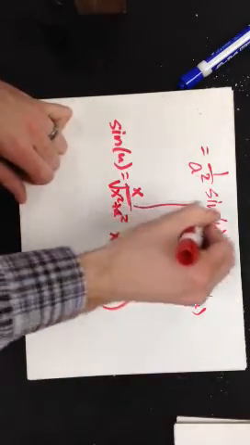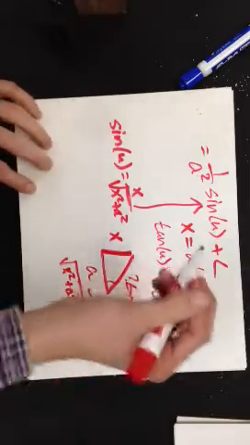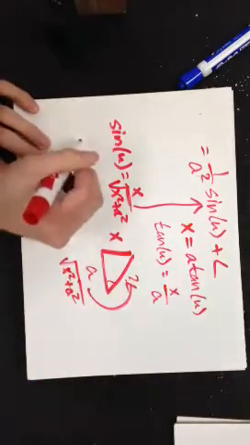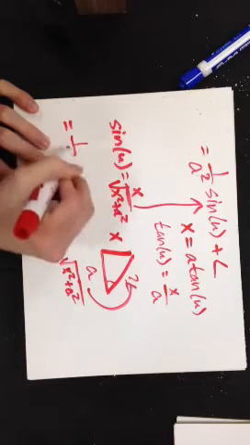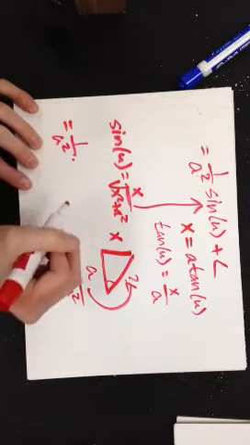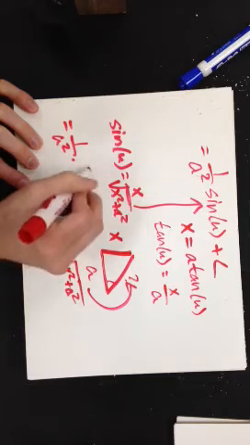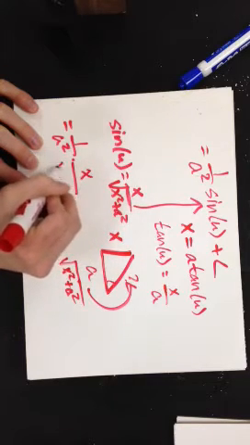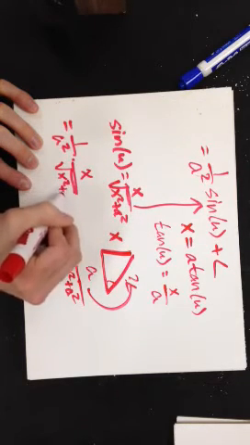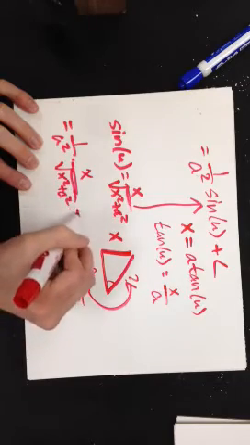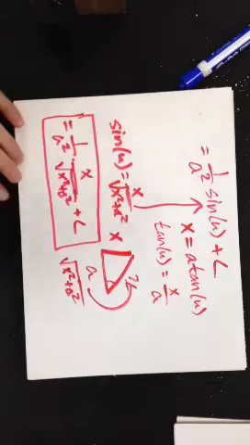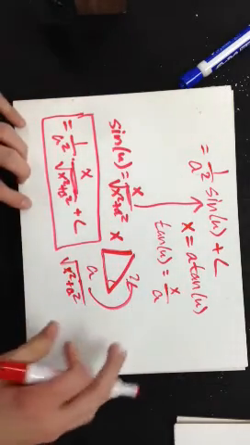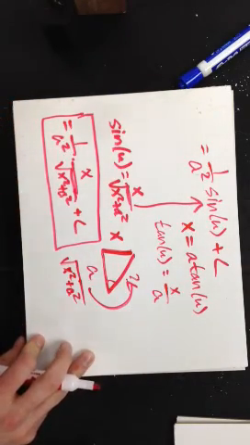So now, take that, plug it in for sine of u, and you are done. That means that our entire integral simplifies down to 1 over a squared times x over the square root of x squared plus a squared, plus c. That is solving an integral using trig substitution.